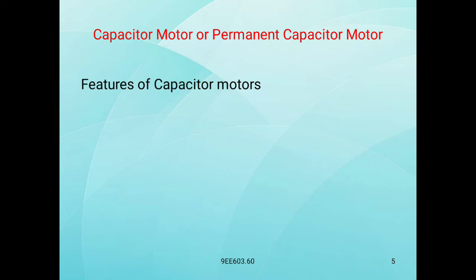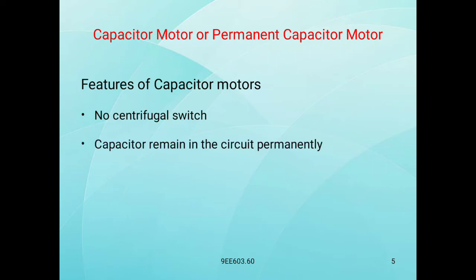Features of capacitor motors: no centrifugal switch, capacitor remains in the circuit permanently, it is of oil type.